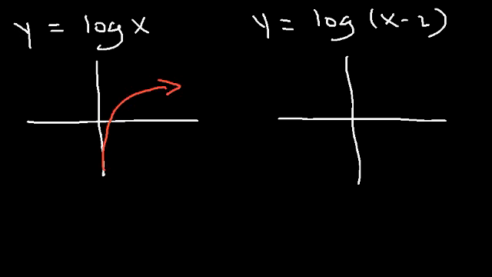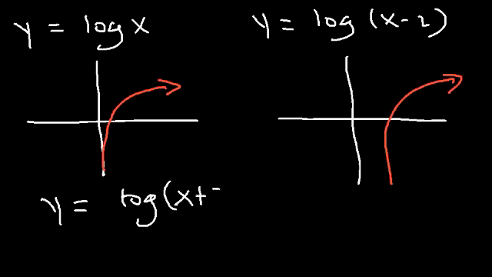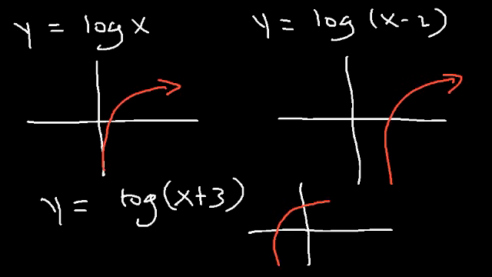If you set x minus 2 equal to 0, x will be 2. So the graph is going to look something like this. It shifts 2 units to the right. And let's say if we have log x plus 3, it's going to shift 3 units to the left, but it's still going towards quadrant 1. So it looks like that.